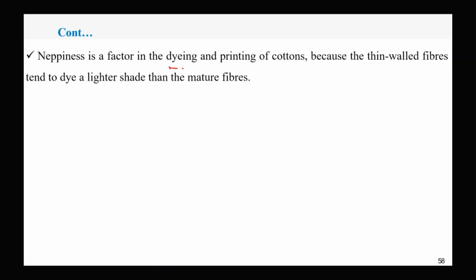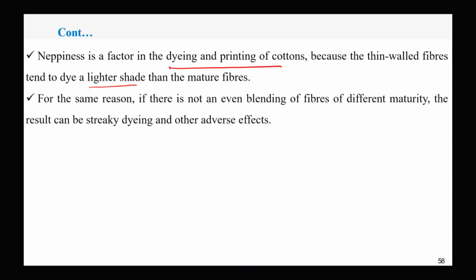During dyeing and printing of cotton fabric, these thin-walled fibers don't absorb dye, and they either remain totally undyed or take a lighter shade than the matured fiber.